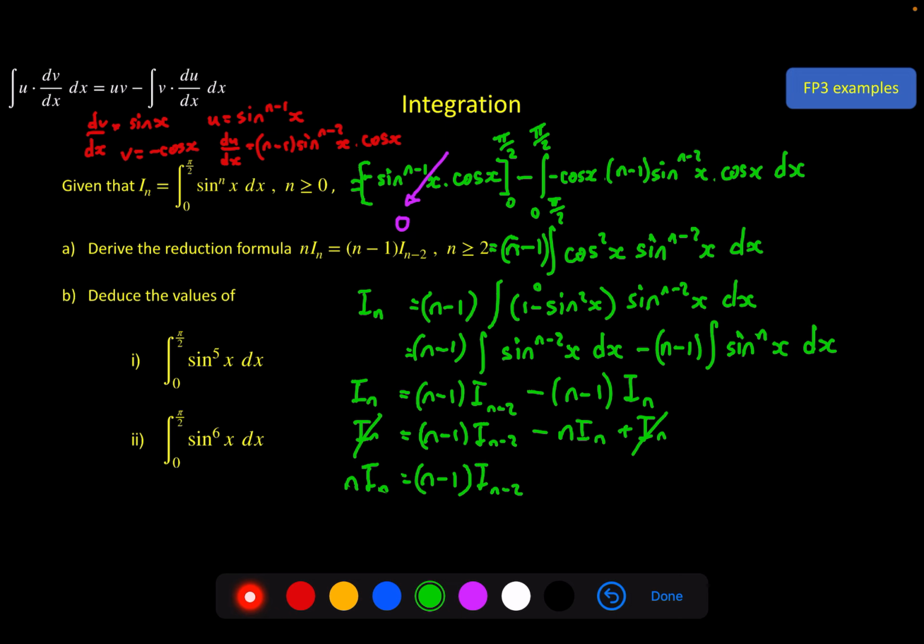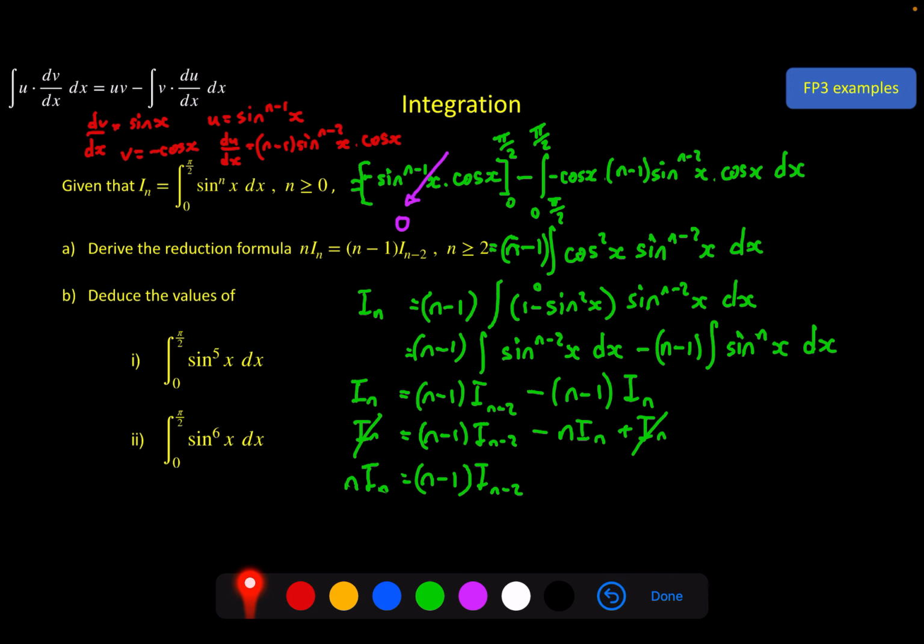And we have our final answer. So in this case, the sneaky trick here initially is to split sine power n into sine times sine to the power n minus 1. Then substitute your cosine squared with 1 minus sine squared.